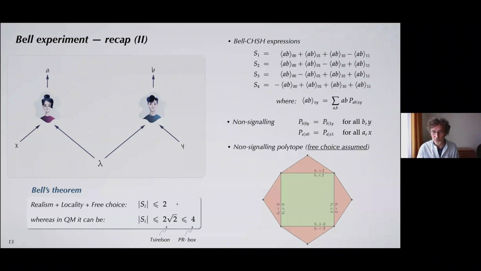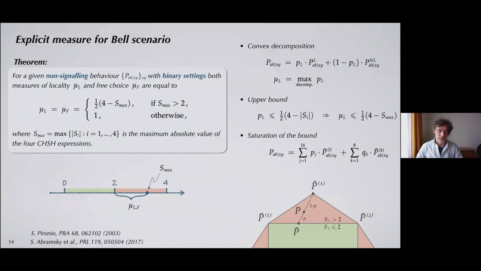We can use it to calculate our quantity, which is the measure of locality or freedom of choice, and the result is that the measure of locality for non-signaling behavior, still not quantum, but more general, for non-signaling behavior with binary setting, is equal to this quantity. So you're all familiar with this. So if you write an axis with possible values for S, this maximum value of S above 2 gives me exactly a measure of locality or free choice.